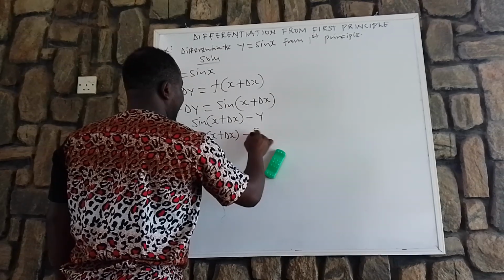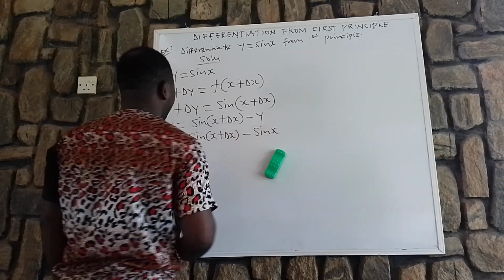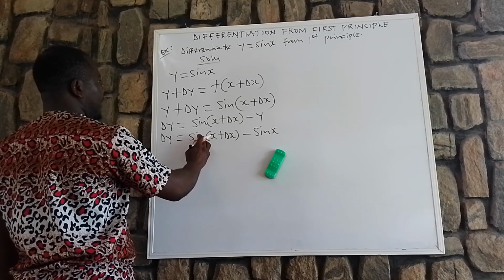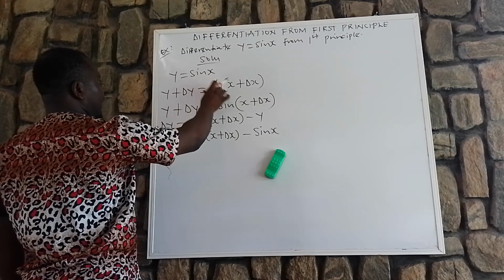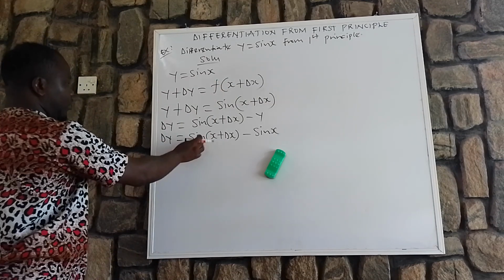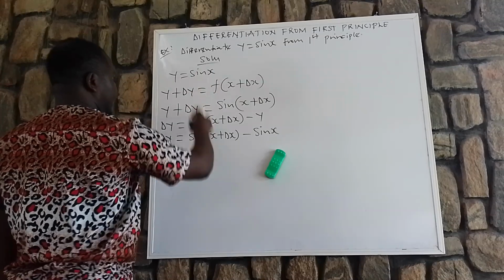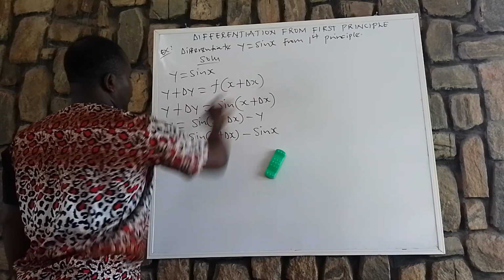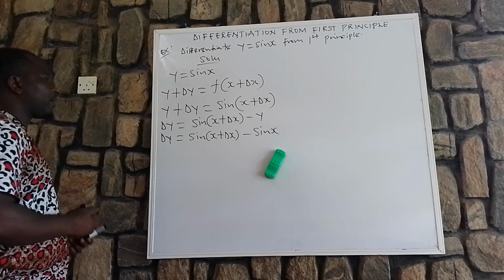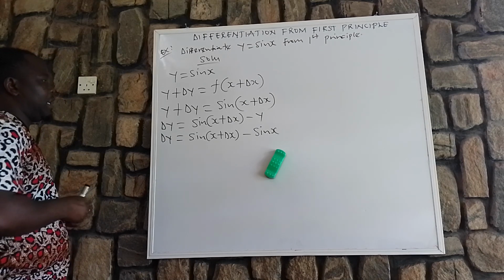It is sine x. Please, you are not going to write sine x here. We compare this and this. So here will be sine, then your x is x plus dx. Take note.